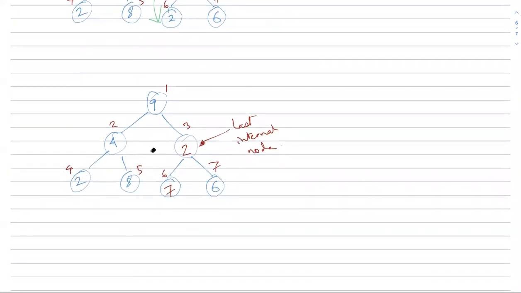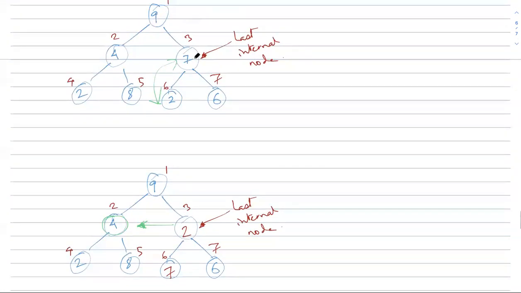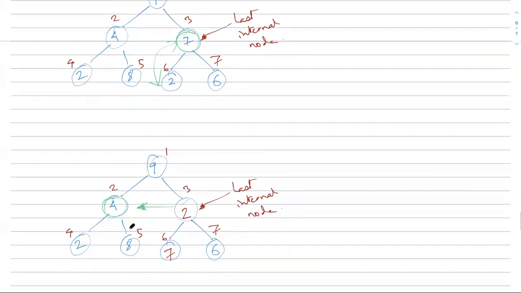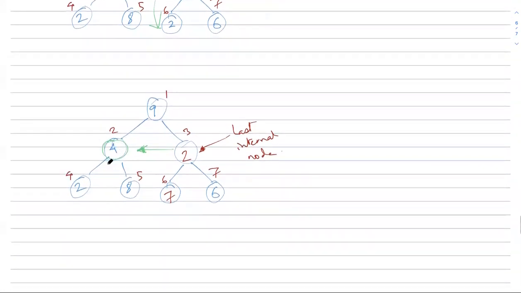So we are going backward. So from here, the next candidate, we are going backward from this last internal node. So next candidate is this one. So here the candidate was this. So now we would like to bubble down 4.